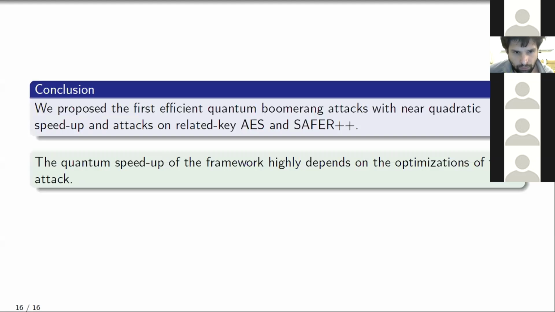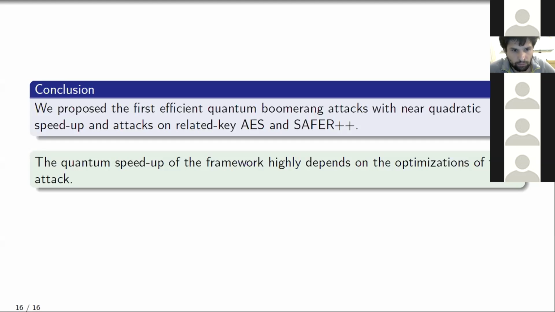So to conclude, we propose the first efficient quantum boomerang attacks with, in theory, near quadratic speedup, and we apply those on the related key AES and CipherPlus. And the quantum speedup highly depends on how the attacks are made in practice.